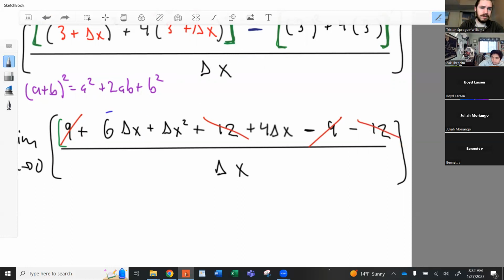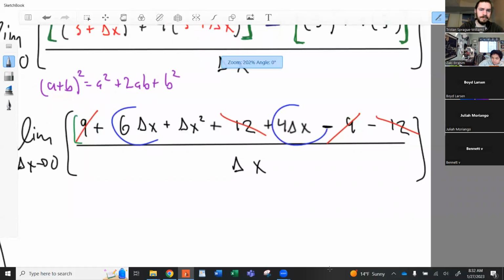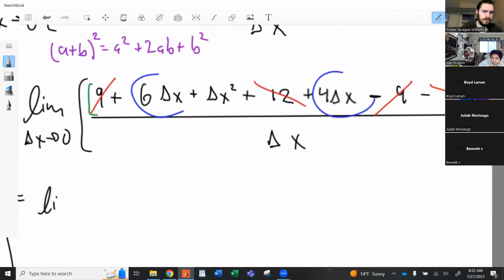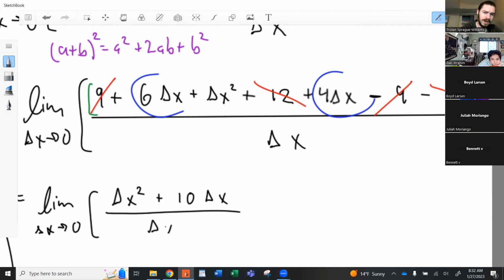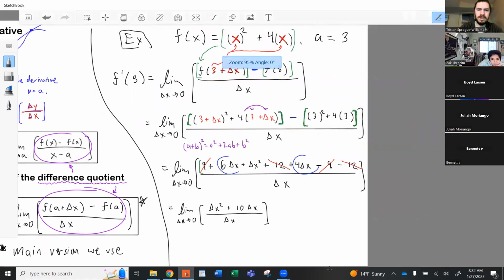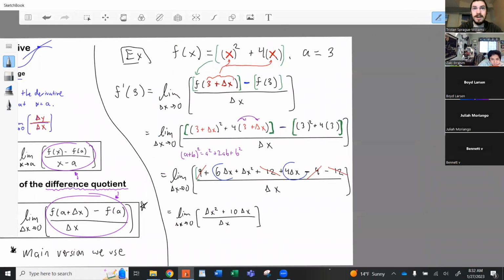I have a 6 delta x here, and I have a 4 delta x there. So what I have now is just delta x squared plus 10 delta x all over delta x. And look how much simpler this limit has become, right?